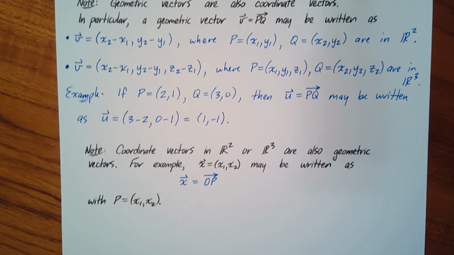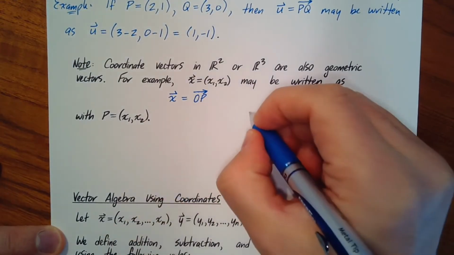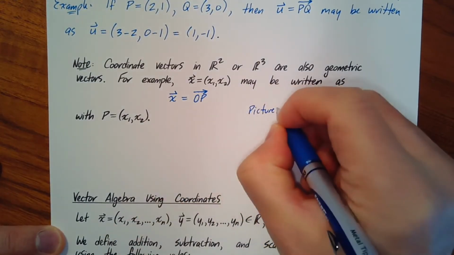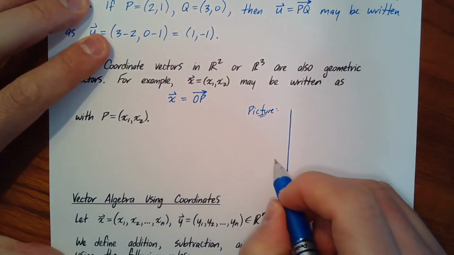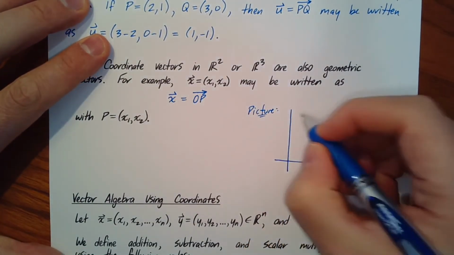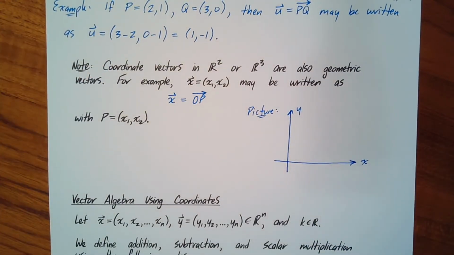This makes a lot more sense if you look at the picture. So let's take a look at what's actually happening here. If I draw a picture of this, we're talking about a case in R2 here, so let's draw the xy plane. We started with this coordinate vector x1, x2.